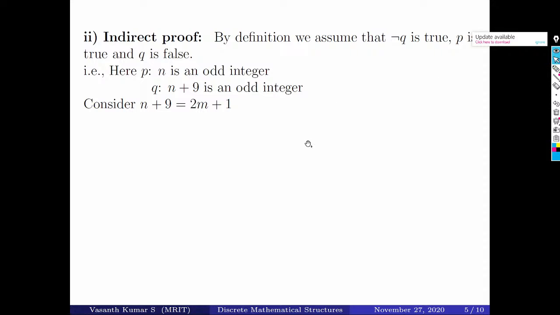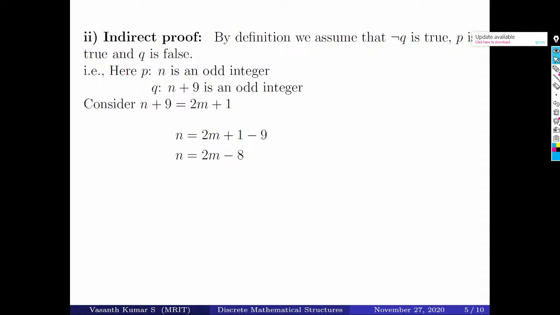So considering the odd number as n plus 9, I will shift 9 to the right hand side. It becomes 2m plus 1 minus 9. I should prove that n is an odd integer finally. Simplifying, 2m plus 1 minus 9 becomes 2m minus 8.